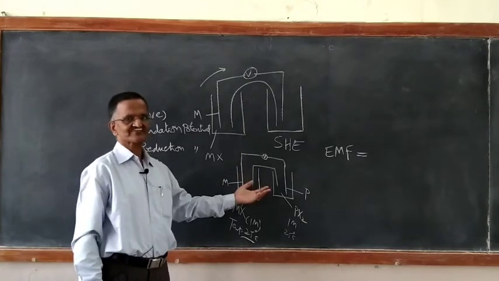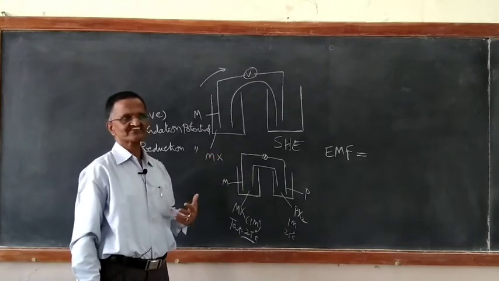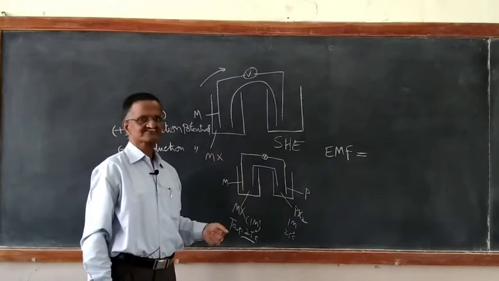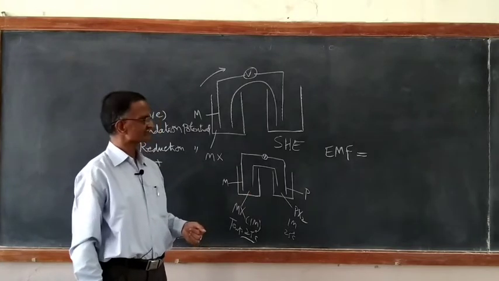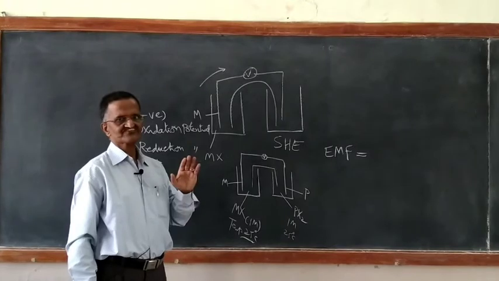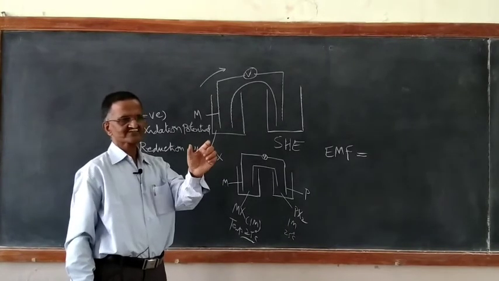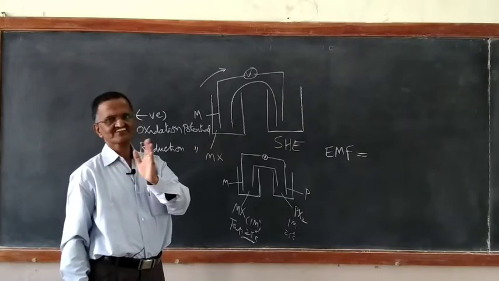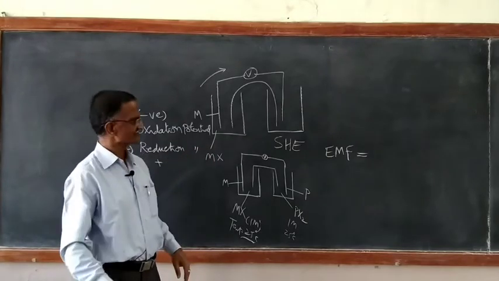At the given electrode, the value that is given is for reduction taking place at this end. How to find out? If you see the equation, you can easily understand whether the electrode potential that is given is for oxidation potential or reduction potential. That is very simple.